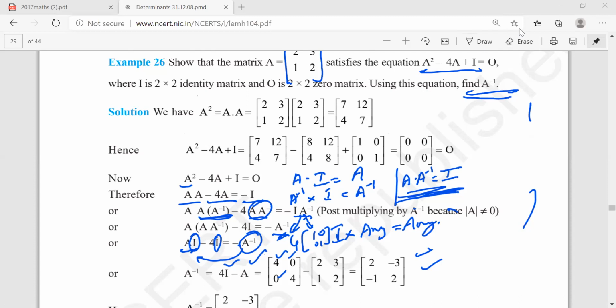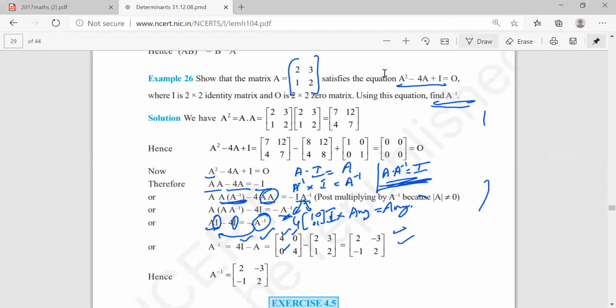So guys, any doubt in this question, let me know. This question is very important, and even if you don't understand any step in this, let me know. No doubt? Because this question is going to come for the exam for sure. That's the reason I'm telling you.